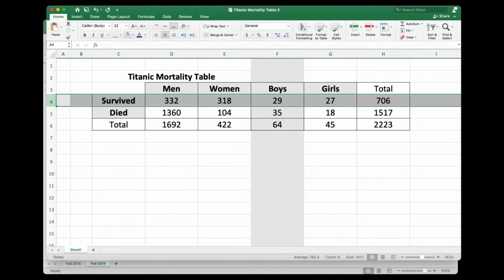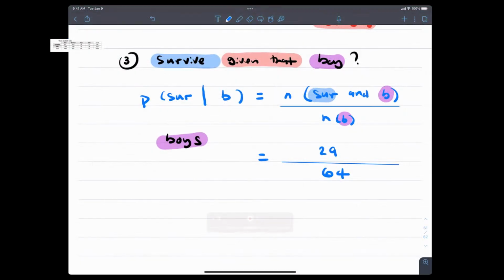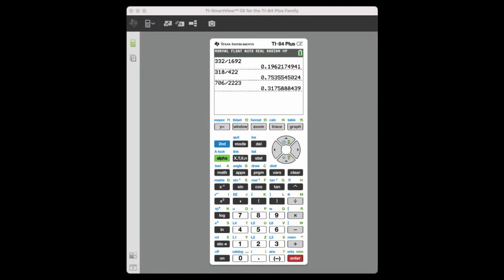That's what we're looking for. 29 out of 64, ladies and gentlemen. Let's approximate this to the nearest thousandths position. And 29 divided by 64, what do we get? 0.453. Okay? All right.